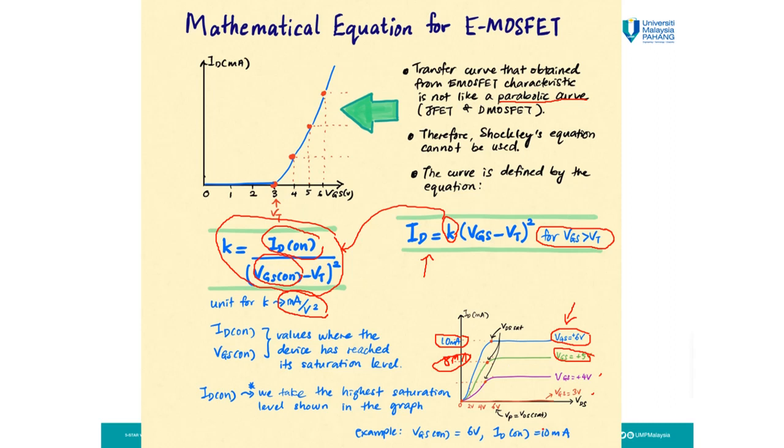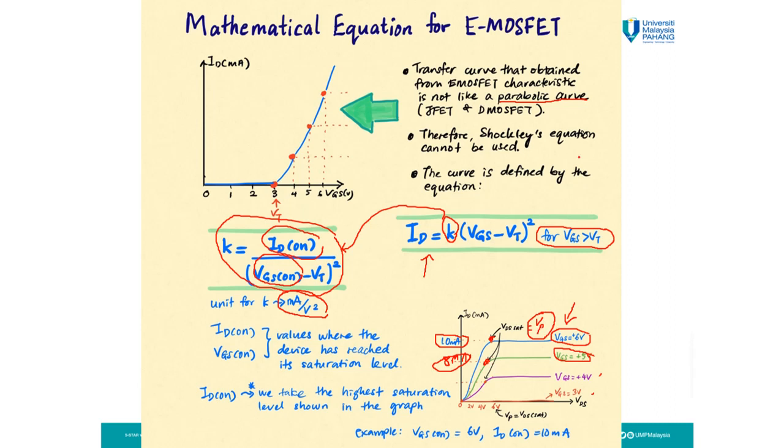Now we see that this point is the saturation, or we say this is the VP. However, in the EMOSFET we don't need the VP value.